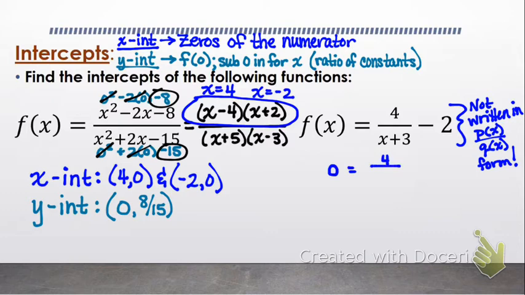So if I substitute a 0 in for y here, I would add 2 to both sides. That would give me 2 equals 4 over x plus 3. From here, I could multiply both sides by x plus 3.